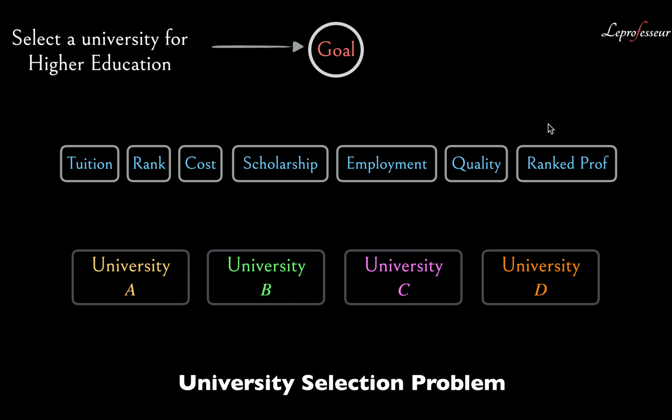And then ranked professors, very important for people who are going for a master's, PhD or research program. Out of, let's say, 100 professors, how many are ranked at the top, or how many are able to publish articles in top ranked journals? So some kind of a percentage criteria.